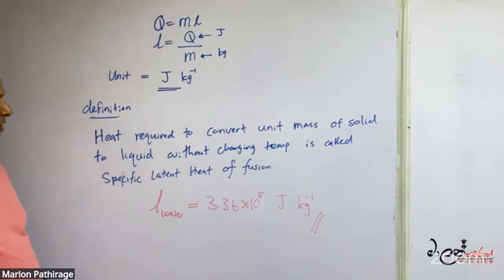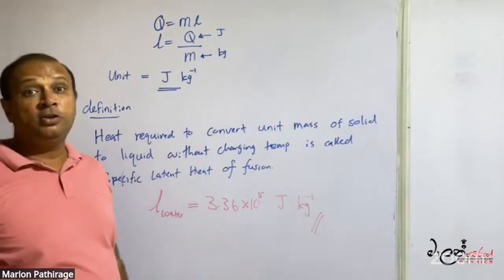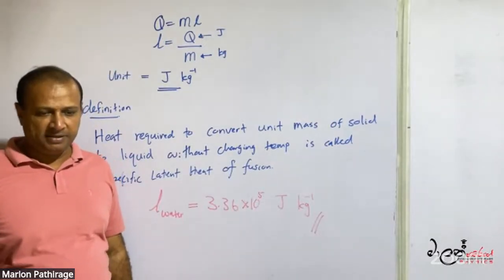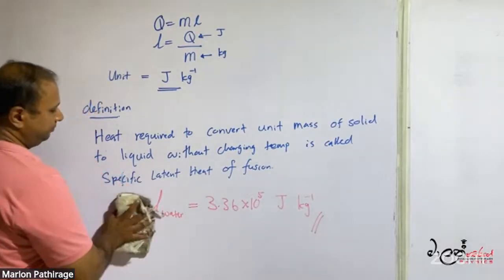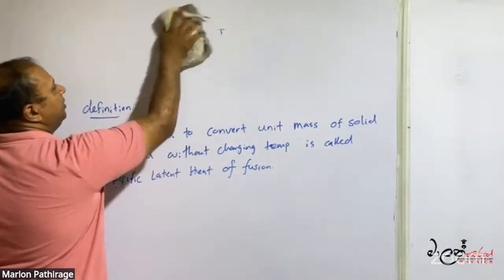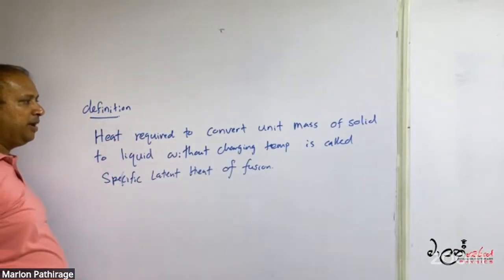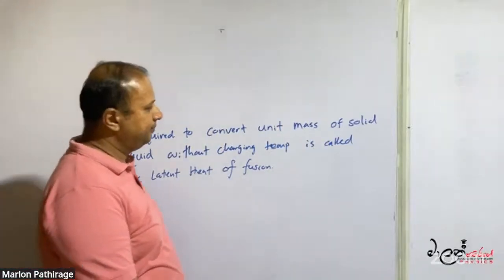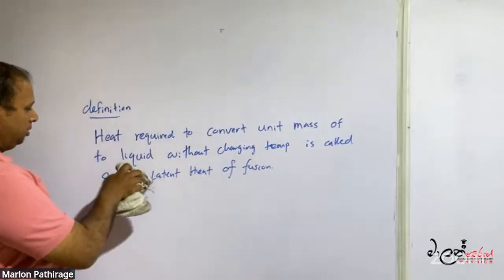So now this is the specific latent heat of fusion. Then the other topic is the specific latent heat of vaporization. The unit is the same.